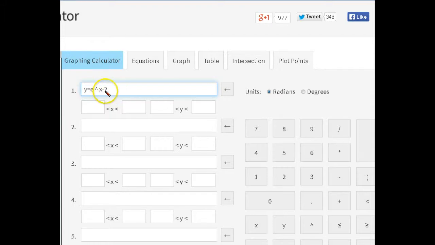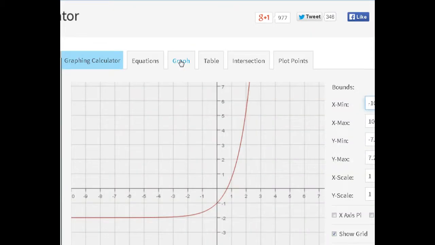Well, negative 2, again, not in a parenthesis, physically just moves it down. So your asymptote will be negative 2. Let's check it out here. Yep, it's shifting that basic curve, so your asymptote is negative 2. It shifted it down.